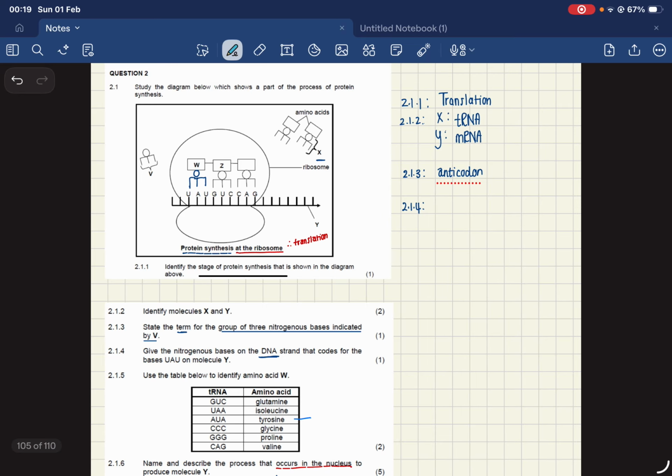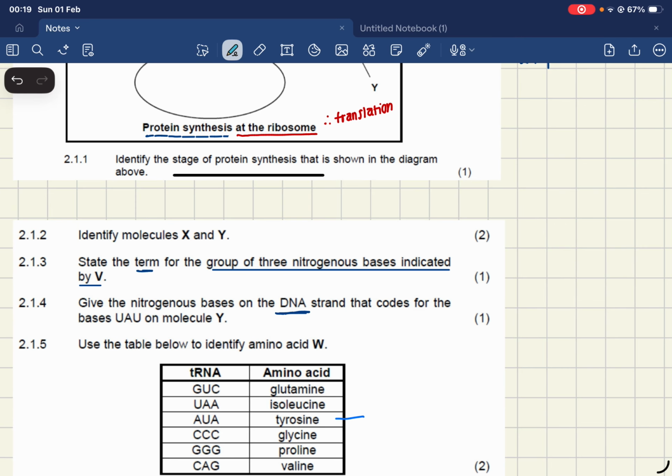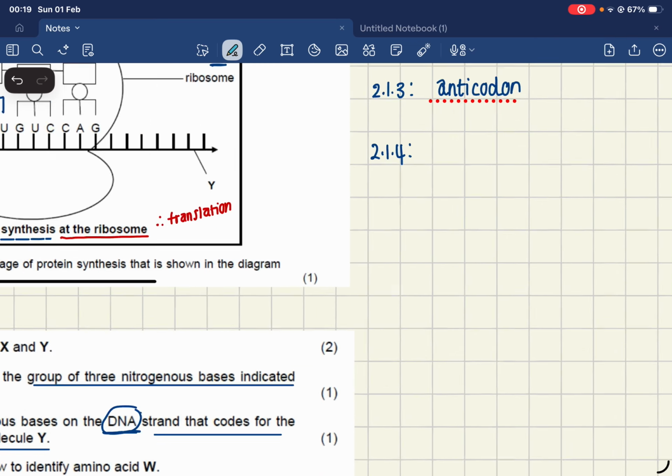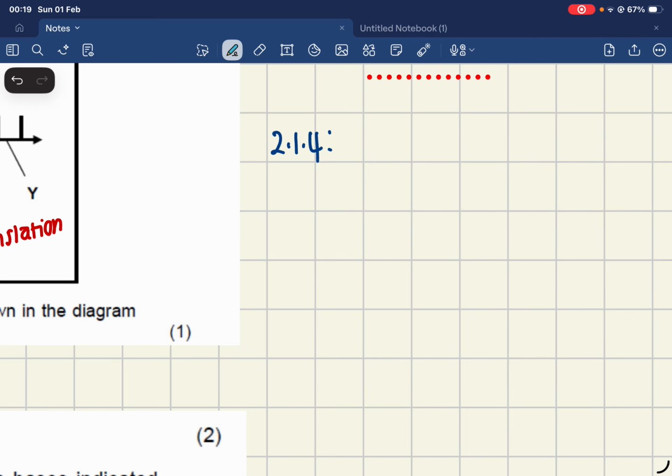Question 2.1.4. Now it says to give the nitrogenous bases on the DNA strand that codes for UAU. So the DNA strand, right, that codes for the bases UAU on molecule Y. We see that molecule Y is mRNA, and we're looking to get to DNA.